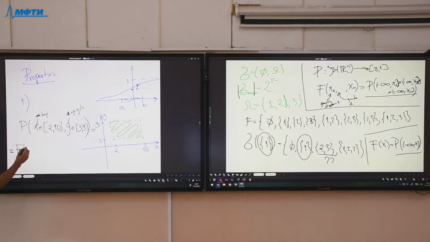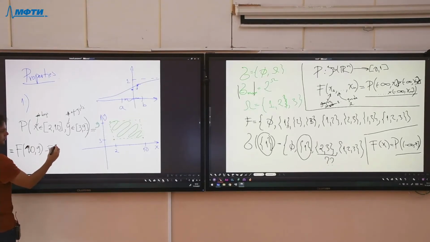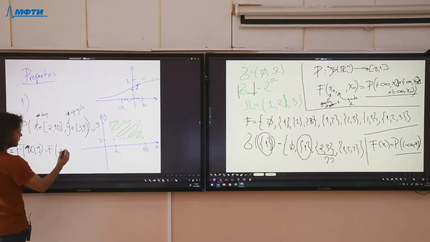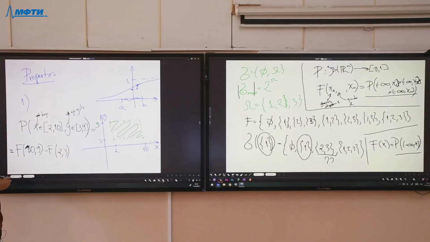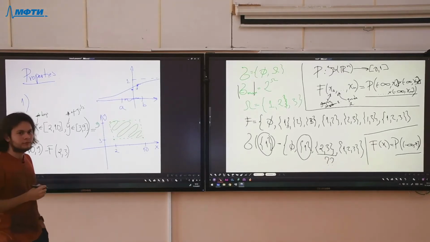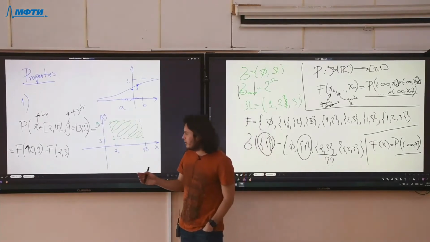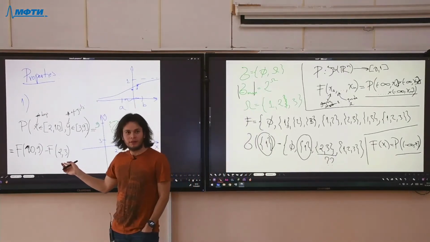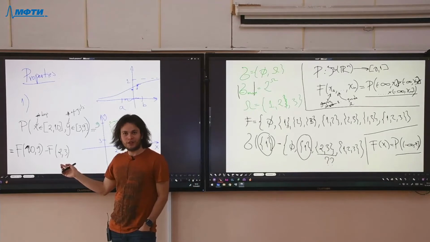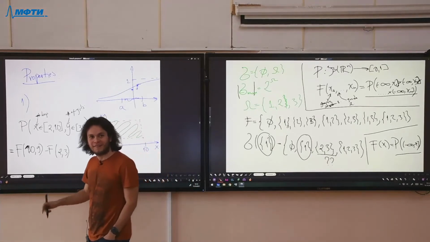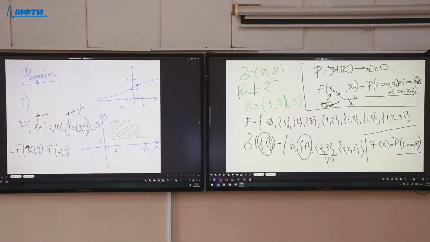Okay, f of 10, 9. F of 2, 3. Then it's going to be from minus infinity to 10 multiplied by the probability from minus infinity. Yeah, but wait, so that's it? No, it's not. Wait. No, of course not.